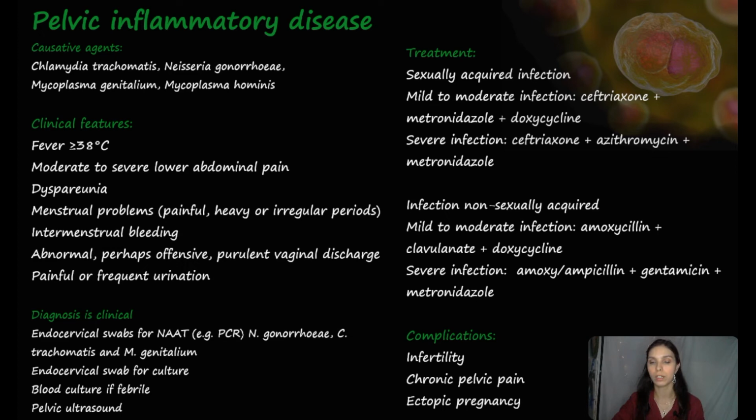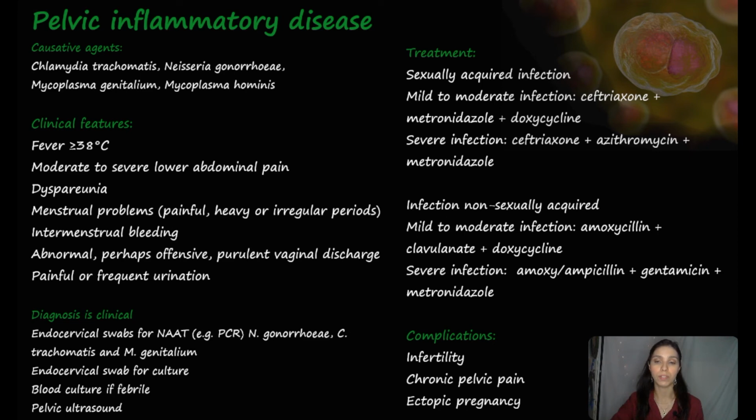For acute PID, there is fever of 38 degrees Celsius or more and moderate to severe lower abdominal pain. For chronic PID, it could be an ache in the lower back and mild lower abdominal pain. For both acute and chronic, there could be menstrual problems like painful, heavy, and irregular periods and intermenstrual bleeding.